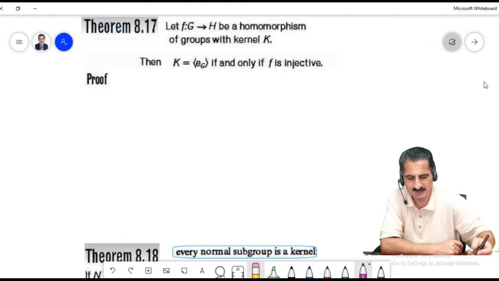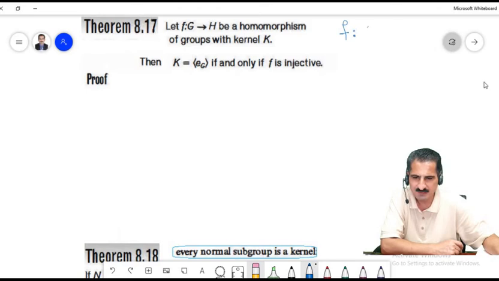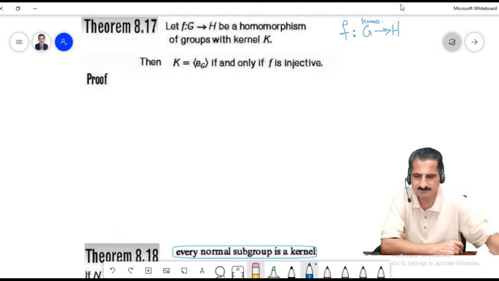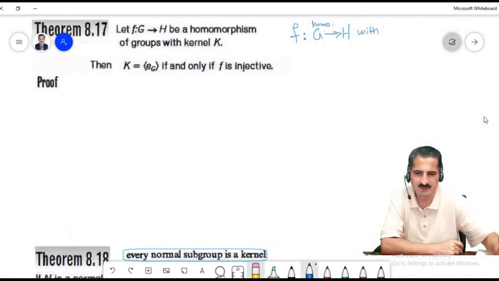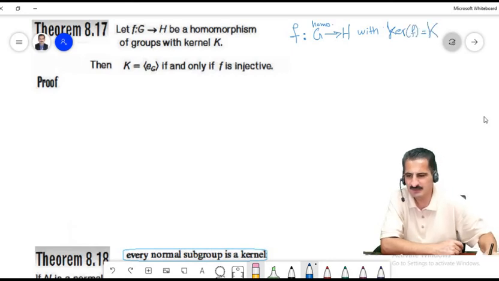It says that if we have a homomorphism F from G to H, this is a group homomorphism, with kernel K.